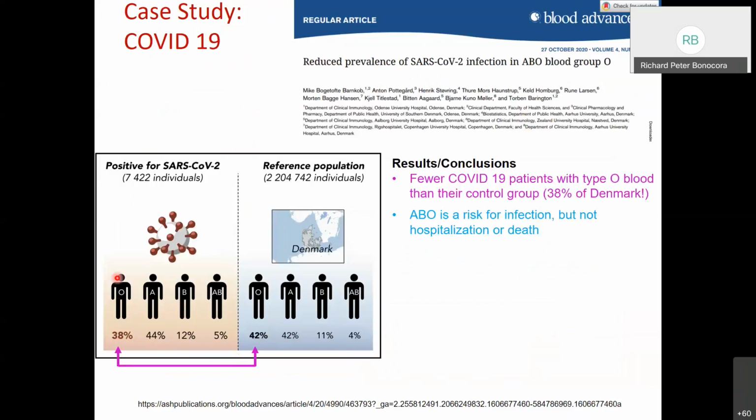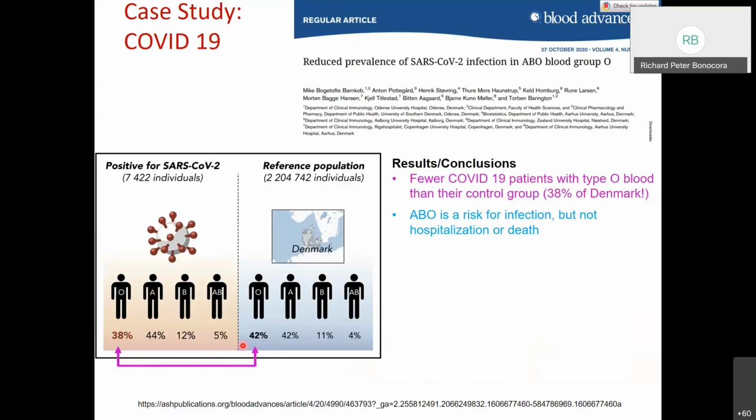They have two groups here: the individuals that have SARS-CoV-2, COVID-19, and the reference population. This was done in Denmark, and it took about 38% of the population of Denmark as the reference population. What they found is that there were fewer COVID-19 patients with type O blood than in their control group, and this was statistically significant.